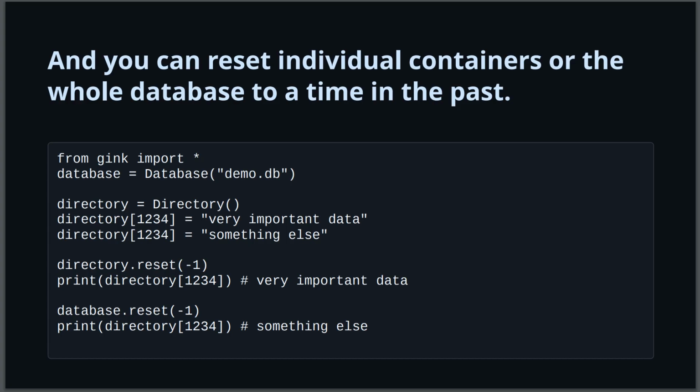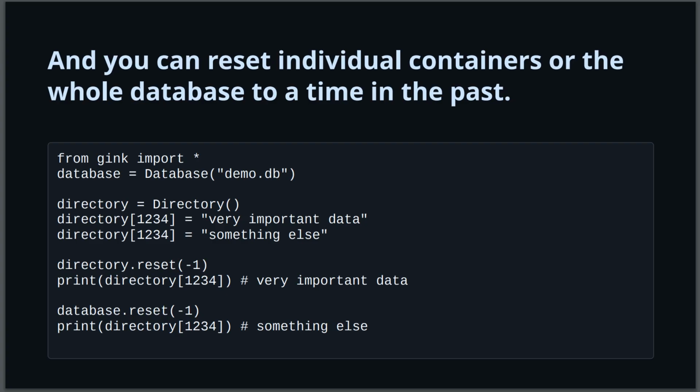In addition to just being able to look at the state of the database at points in the past, you can reset to previous points in time. So here, again, it's setting the key 1234 to some very important data, then overwriting it with something else. When you say directory reset -1, that's just saying reset the most recent operation on that directory.